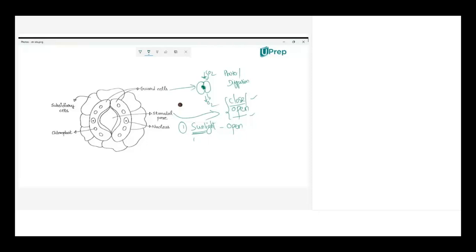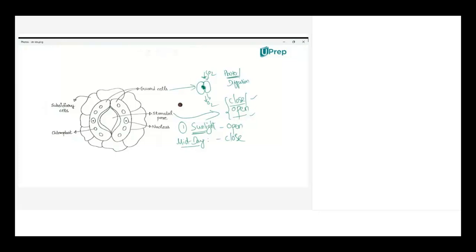Because when it becomes very hot, the stomata will close even at daytime, for example at midday. And on the other hand, during night time, the stomata will be closed. Throughout the night time, the stomata is closed. That's a correct statement.